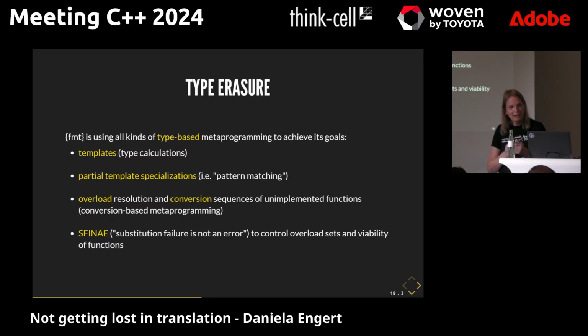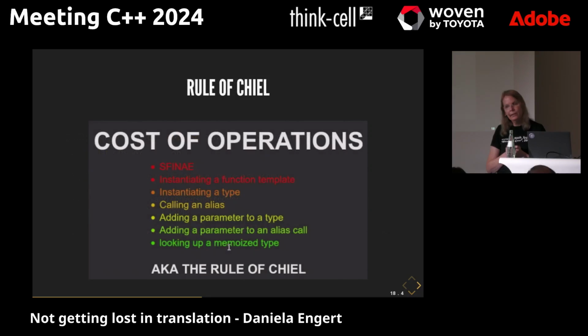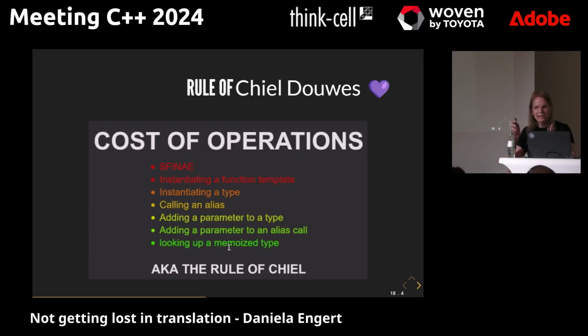SFINAE is always the goal, or we are doing that. But we have to be aware that type-based metaprogramming can become very costly, and there has been a study of how costly it can be. This is Gili Dos. He was doing this kind of study in 2017 or so.